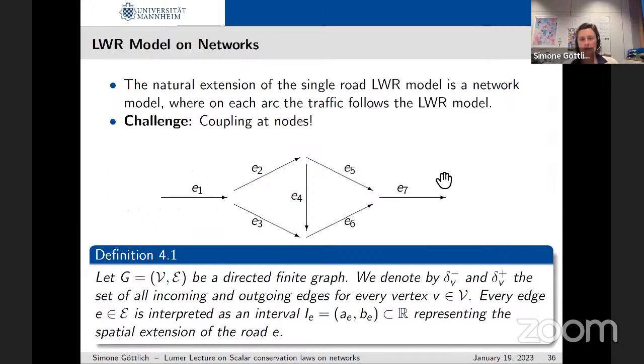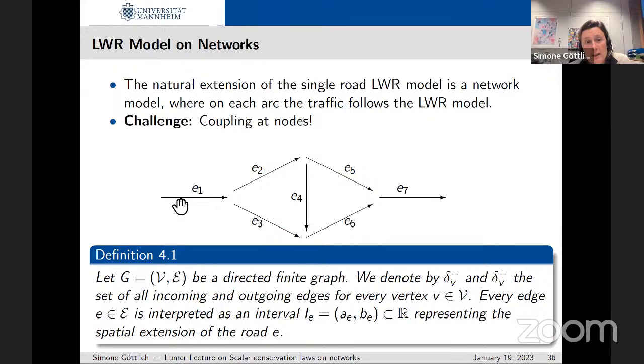The network extension is the following. We assume that we have a collection of arcs, and we also assume that there is LWR dynamics given by a conservation law on each of these arcs. Now, what is the challenge? What happens here at the intersections? You see there are essentially two types of intersections.